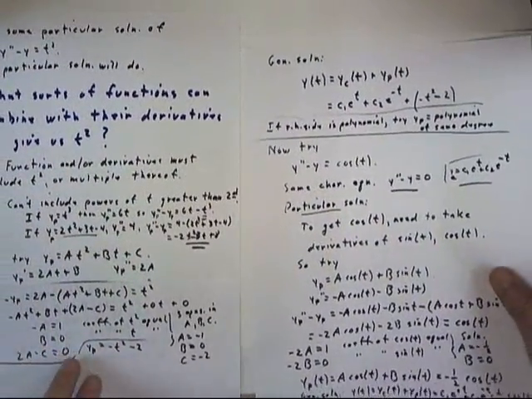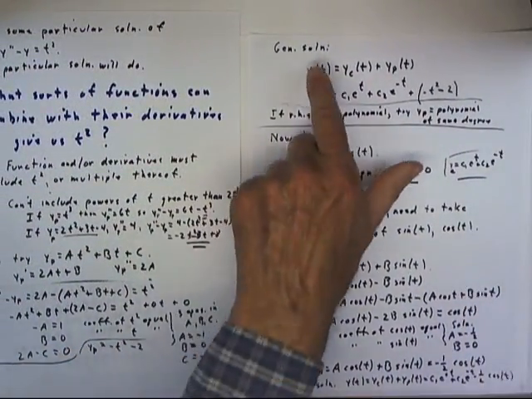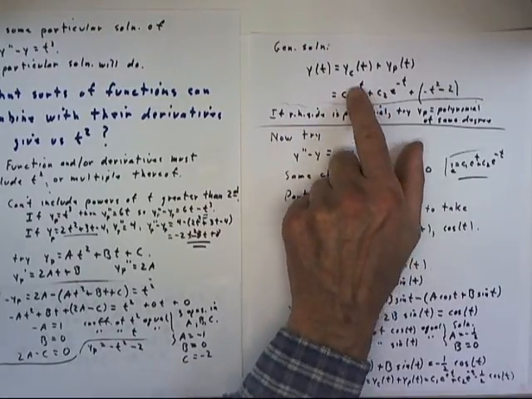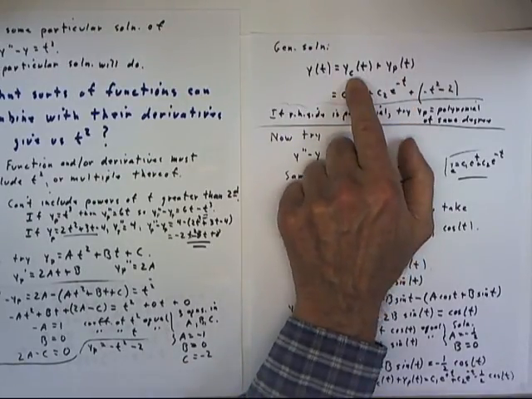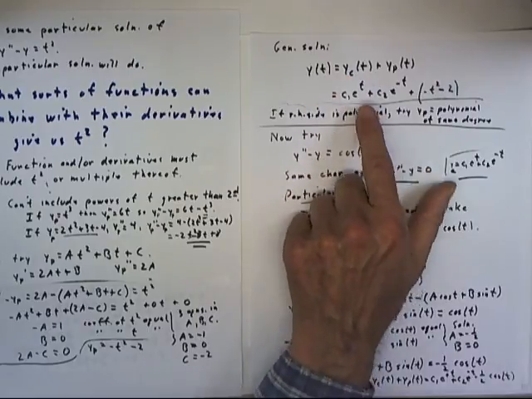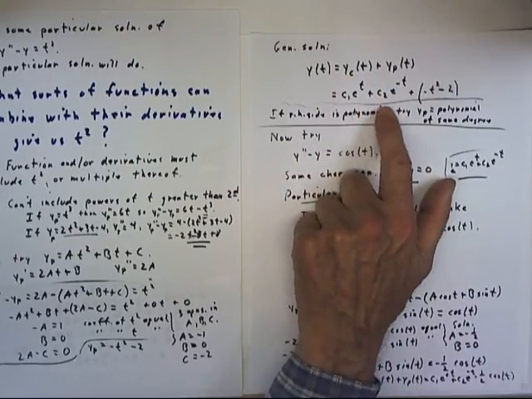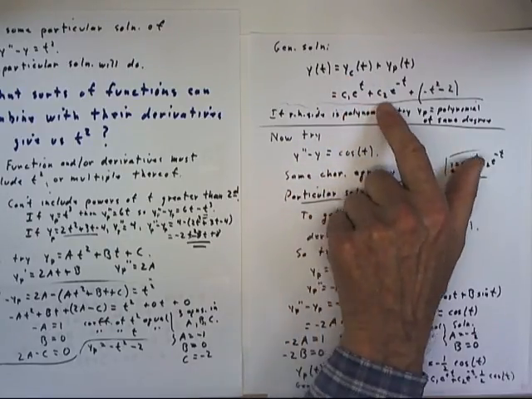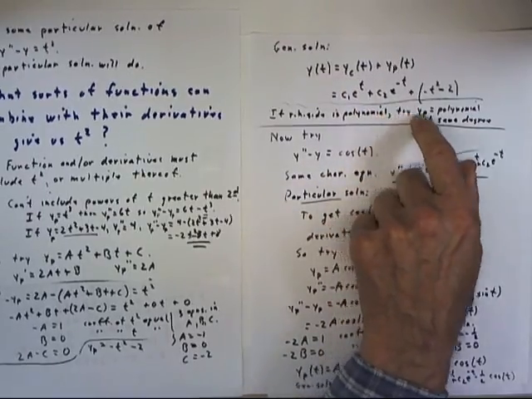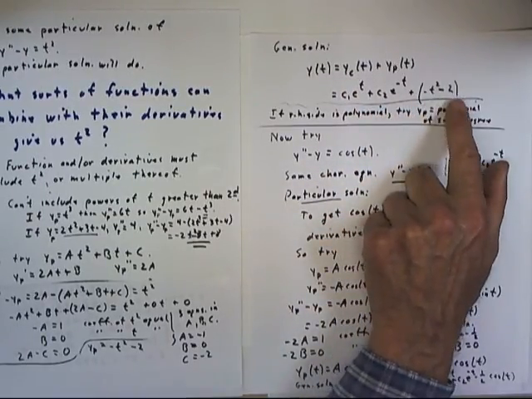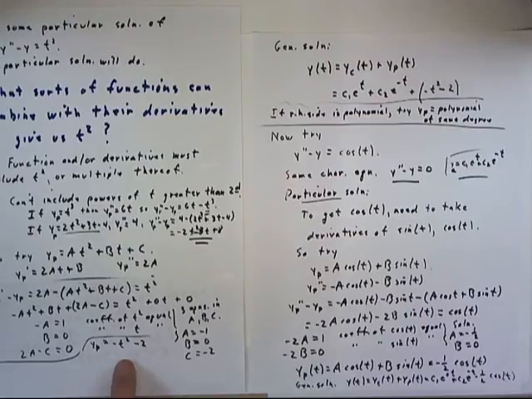And this is going to lead to our general solution to the equation, where we add the particular solution to the characteristic solution. Characteristic solution, as we've known for a while, is c1 e to the t plus c2 e to the negative t, and our particular solution is negative t squared minus 2, which we just obtained.